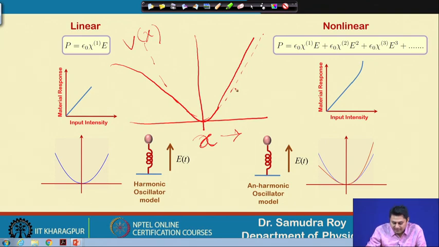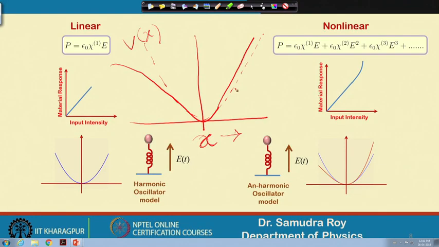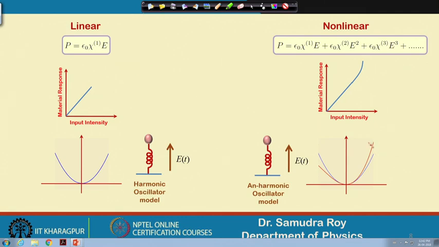So, the vibration of the electron under this anharmonic potential will now be considered, and if we consider that, then we will find that some kind of nonlinearity will appear because of this nature. We will do that.